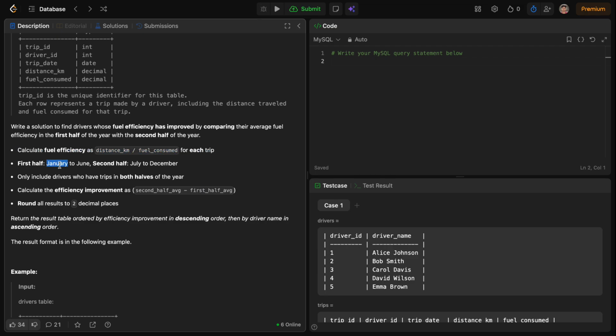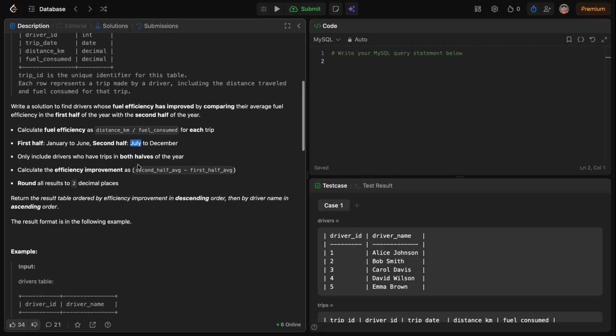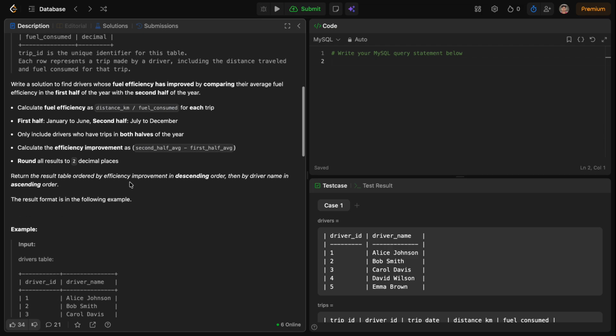The first half is January to June and the second half is July to December. And the third thing, only include drivers who have trips in both halves of the year. We have to get only those driver IDs who have trips in both the first half and the second half.